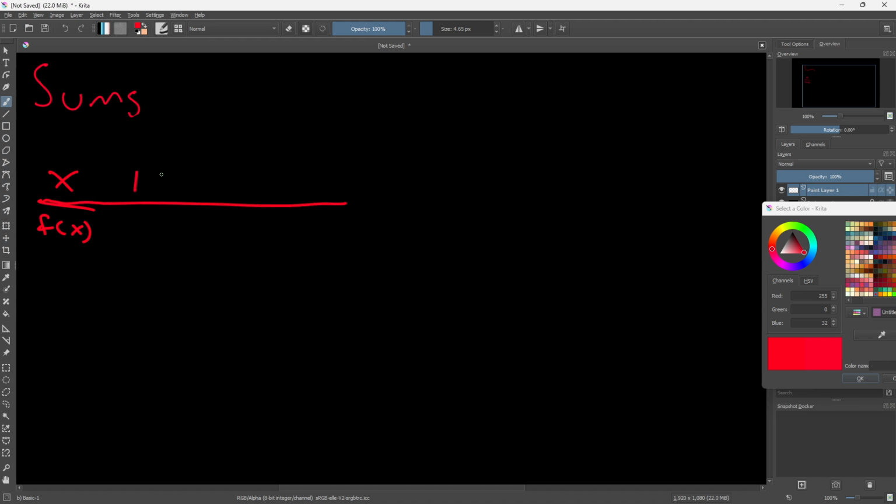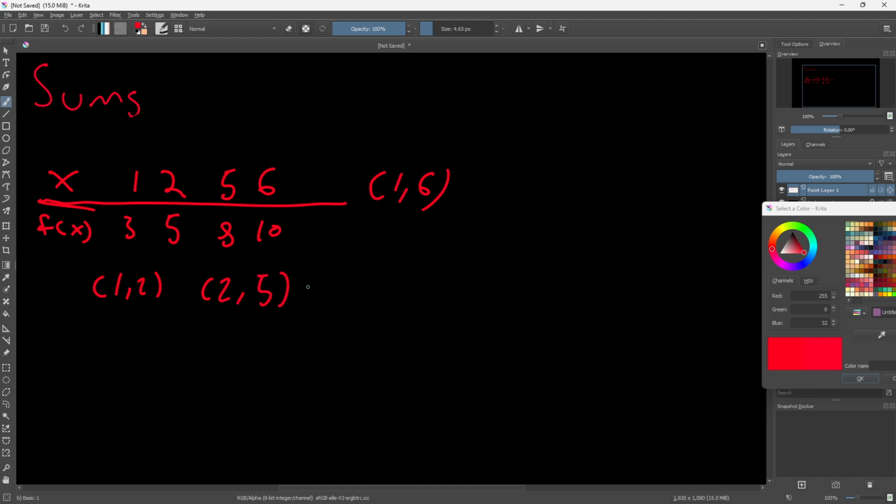So this is going to be 1, 2, 5, and 6, same values. 3, 5, 8, and 10, same values again. So we know that we have the main interval of 1 to 6 and the subintervals of 1 to 2, 2 to 5, and 5 to 6.